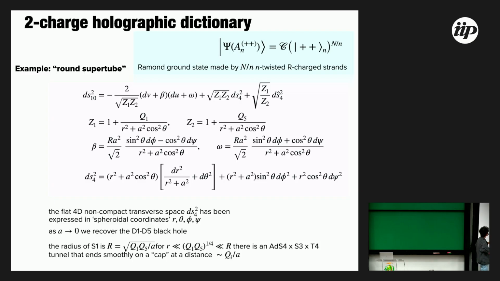But when r decreases, it makes a tunnel like the D1D5 system, but the tunnel doesn't have an event horizon and it doesn't have a singularity.